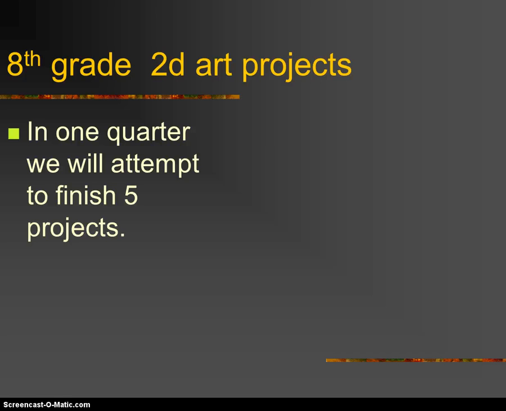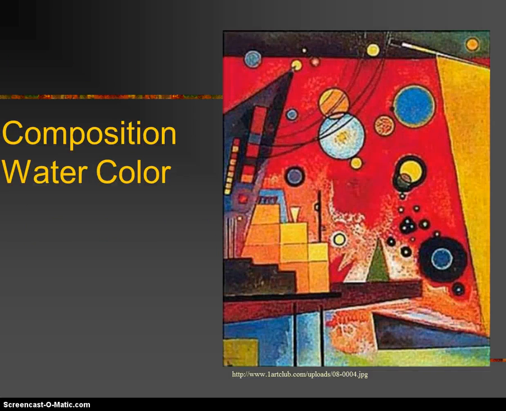To begin with, we're going to try and do 5 projects, and with our 5 projects, our first one we have here is just a basic introduction to composition and how things are to be arranged on your paper to make them visually interesting. And this is an artist by the name of Wassily Kandinsky, and I know at first whenever you look at this, this is a piece of abstract art, and to begin with it looks very, very random.